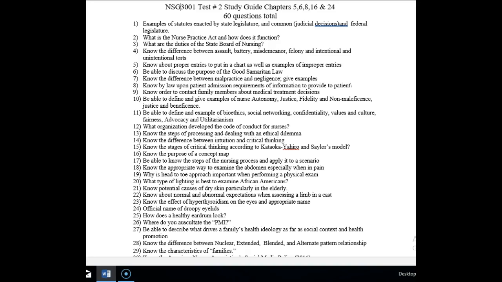By law, upon patient admission, there are requirements of information that you need to provide to the client. Remember, we talked about things such as the patient's Bill of Rights.